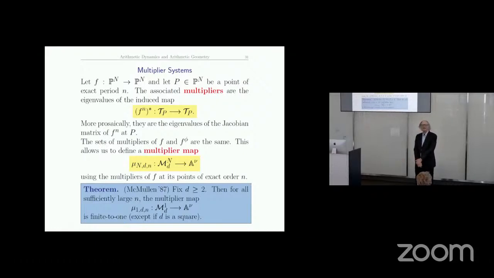And what I said isn't actually true. When d is a square, there's this curve that gets crunched down to a point, but it's morally true that it's finite to 1. It would be very interesting to prove or disprove analogous things for maps in higher dimensional projective spaces, because the multiplier maps are well defined there, but that's an open question.